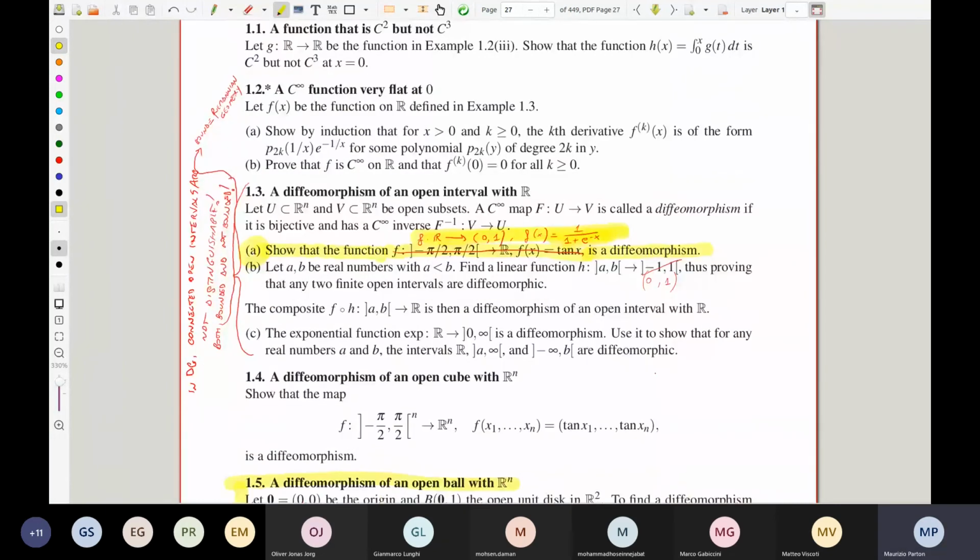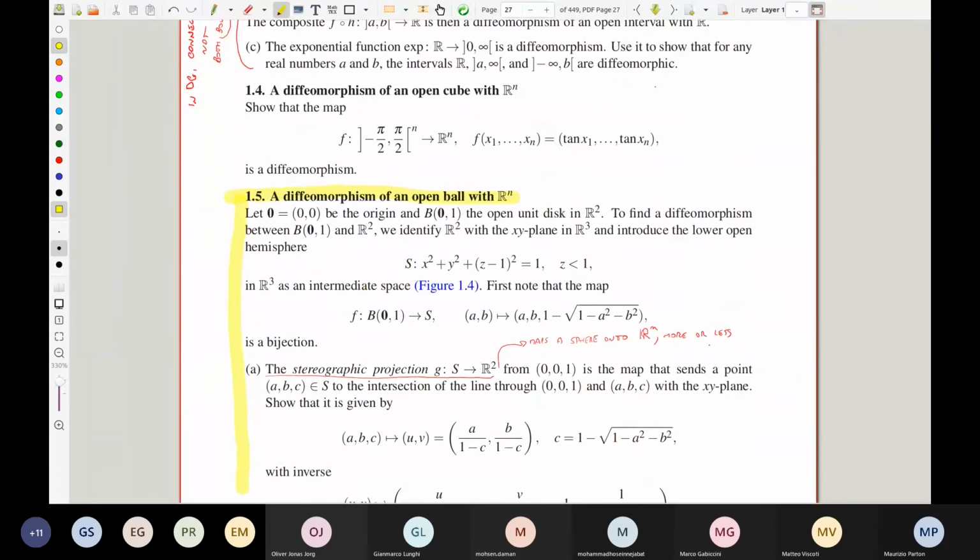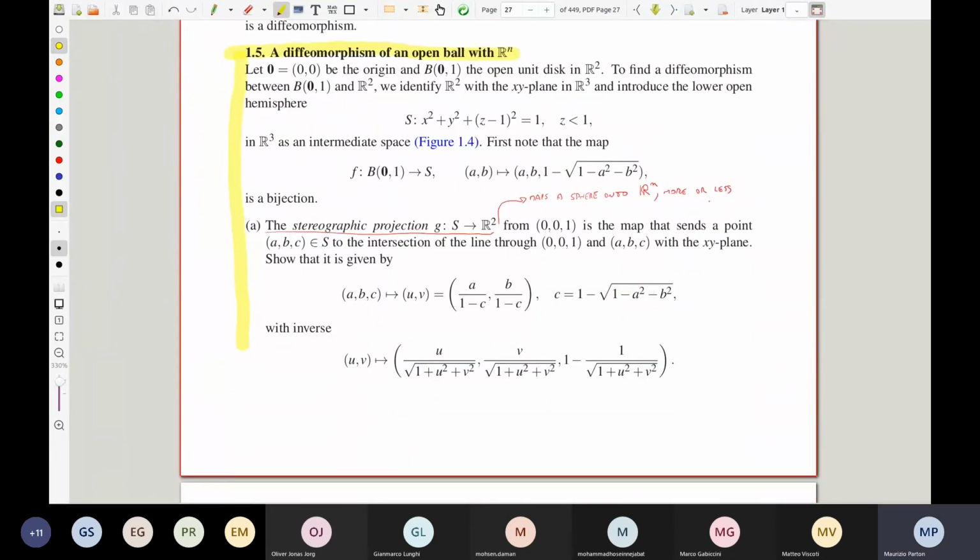Okay, this is an example which is important. So you see it is highlighted, and this shows you a very important thing in the differential geometry we are doing for the moment. In differential geometry, I don't know if this is surprising for you. I hope it isn't.